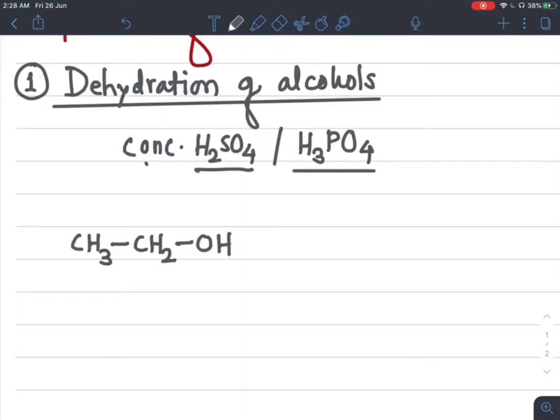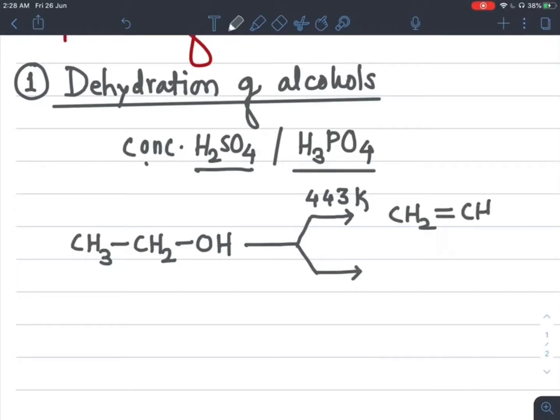When this ethyl alcohol is heated with a dehydrating agent like concentrated sulfuric acid, but at a different temperature, if 443 Kelvin temperature is used, then we get its corresponding alkene, that is ethene. And if the same reaction takes place at 413 Kelvin temperature, here we get diethyl ether.